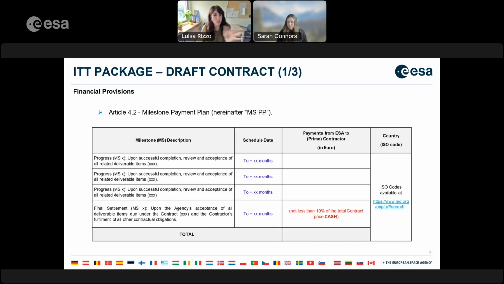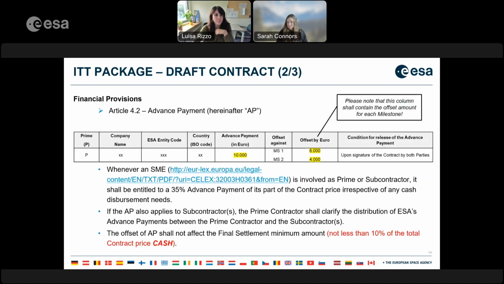Please make sure, because with the milestone payment plan we have fewer provisions, limitations and thresholds, the only one that must be met by the companies is the 10% cash minimum of the final payment. Again, if a milestone payment plan is presented as not compliant with these provisions, we may downgrade the proposal accordingly.